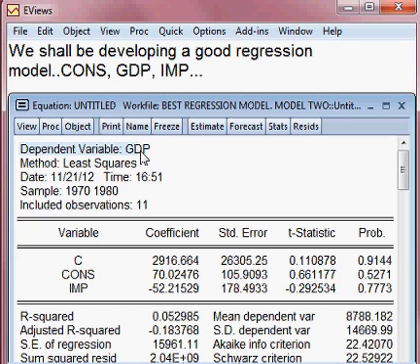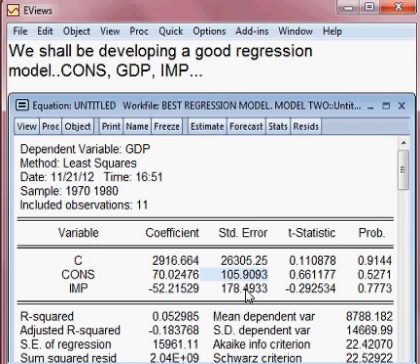And here GDP is the dependent variable, and consumption and import are the independent variables in this model. Okay, suppose I choose consumption. The coefficient of consumption is 70.02 and the corresponding standard error is 105.90.